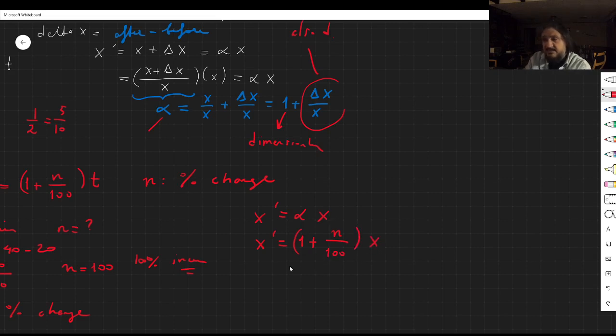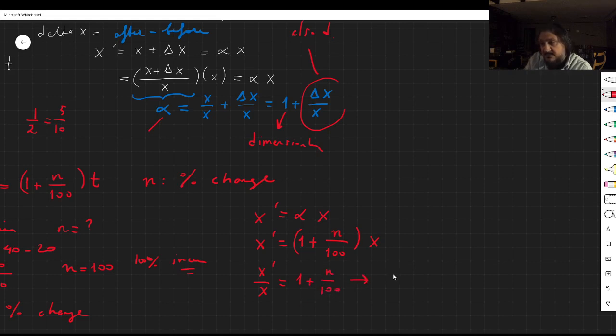Okay, so divide both sides by x. x prime over x is equal to 1 plus n over 100.